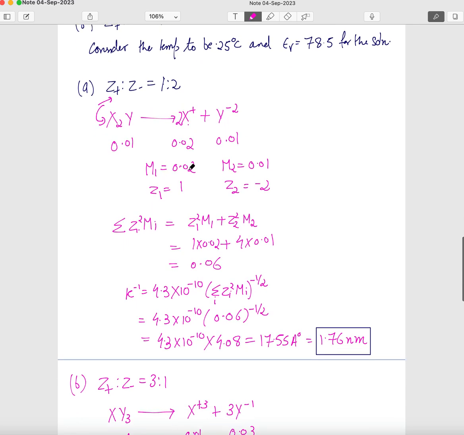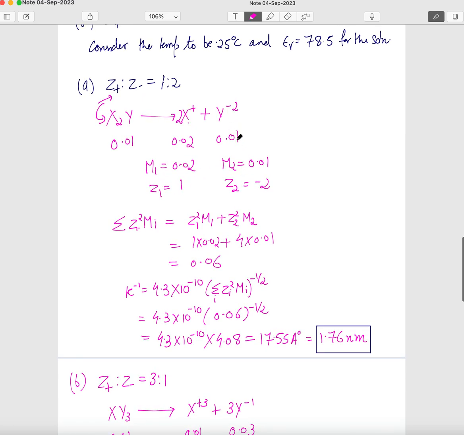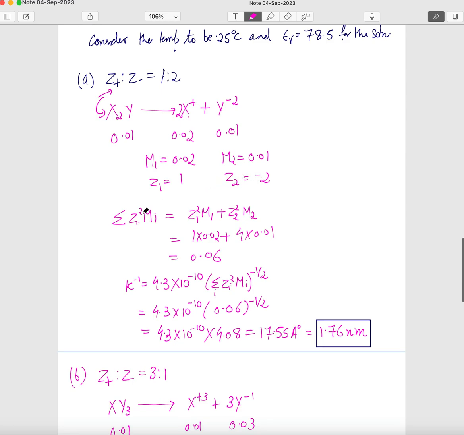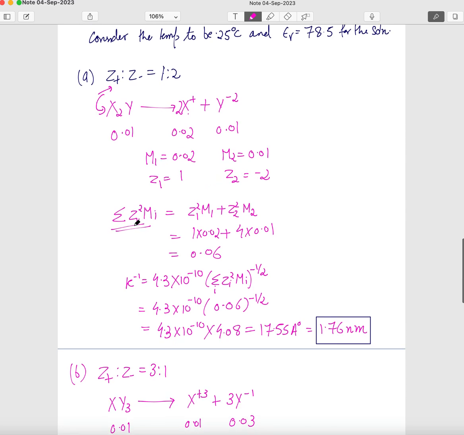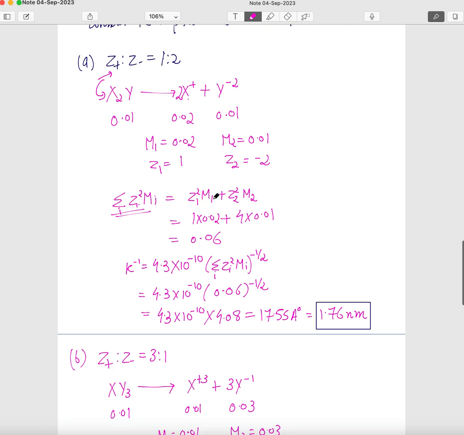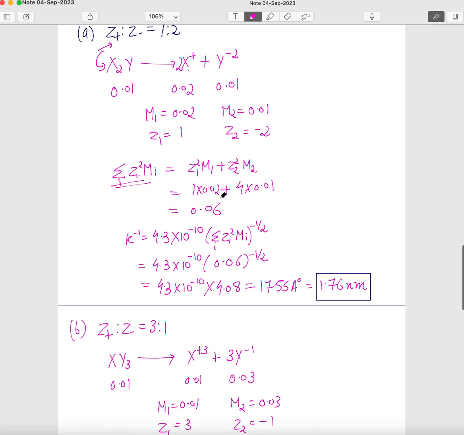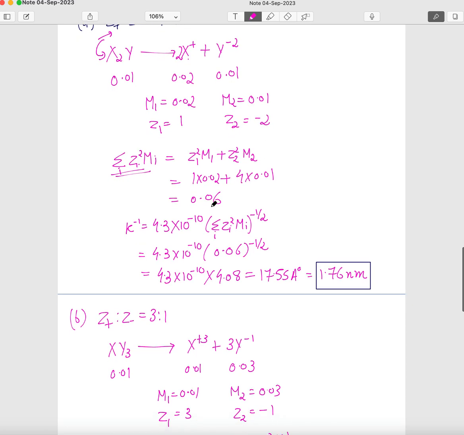So m1 becomes 0.02, m2 becomes 0.01, and the valency is +1 for the first and -2 for the second. The important factor to find is the sum of zi square mi, so z1 square into m1 plus z2 square into m2. What we get is 1 into 0.02 plus 4 into 0.01, which is 0.06.